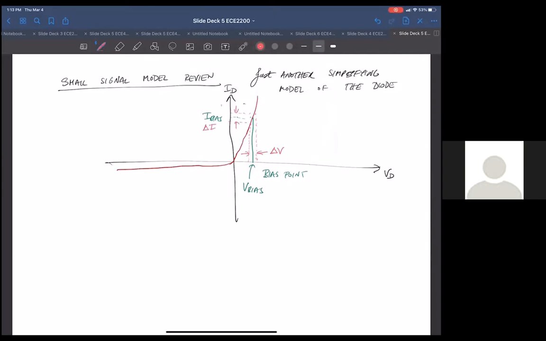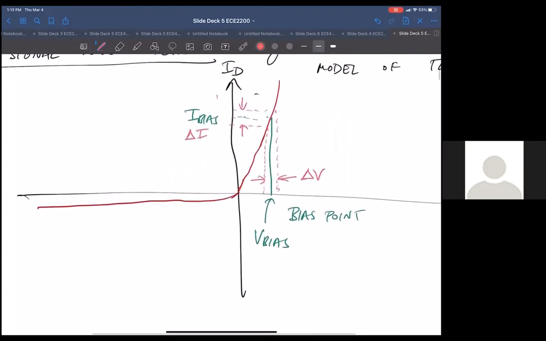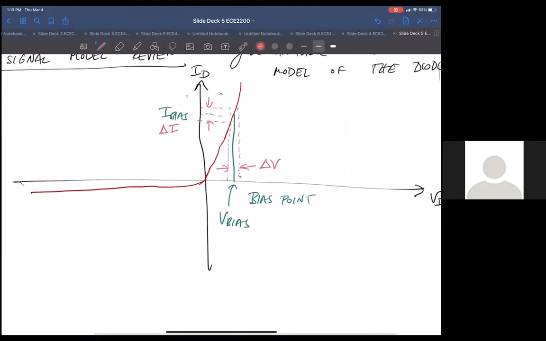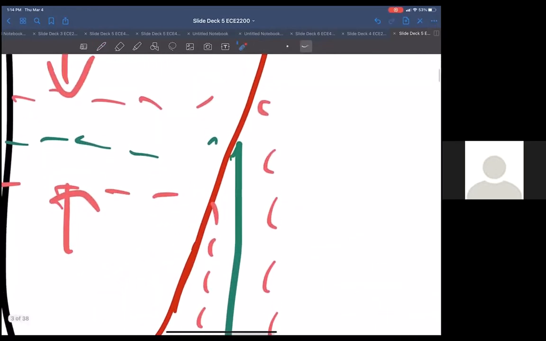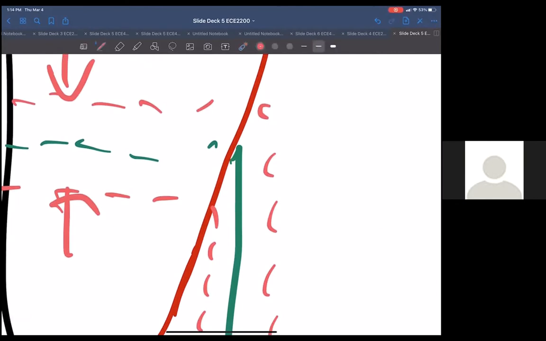The cool thing is the usefulness of this model, because you run into this situation all the time. You're sitting at this bias point at the central location, and your signal is just a small modulation, a small movement around this point, with a corresponding small movement around your current.